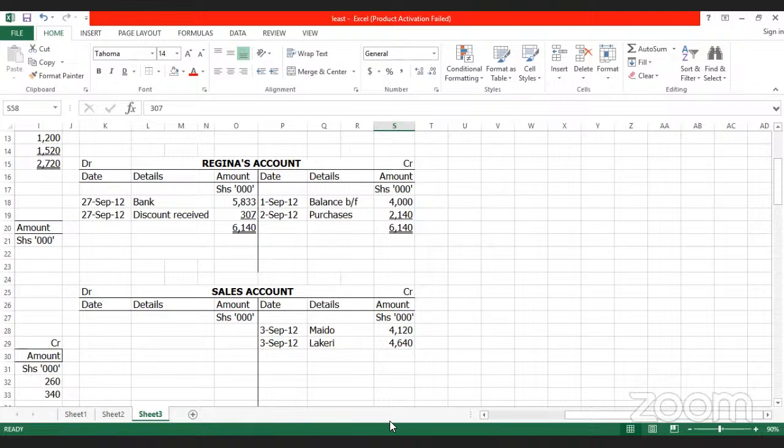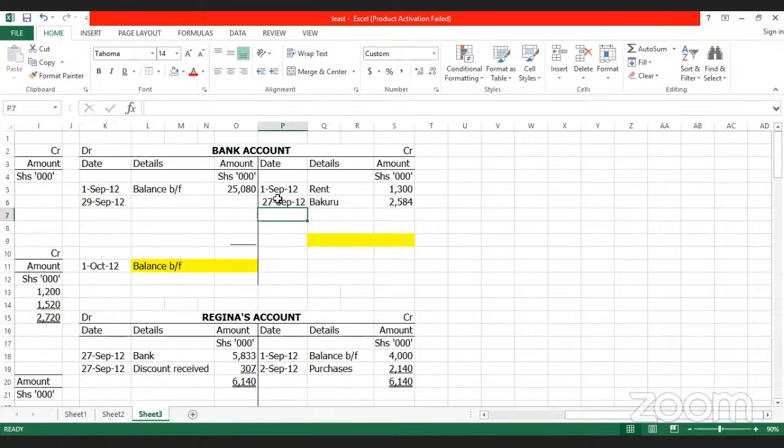When you pay for an expense, the expenses account will be debited, and then bank will be credited. Go and credit your bank. That's on which date? On 28th September 2012.